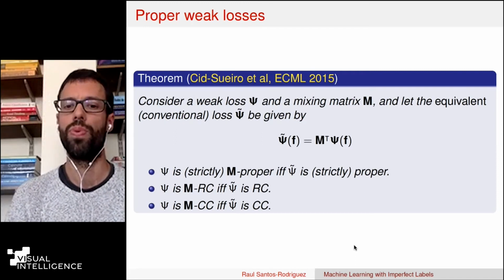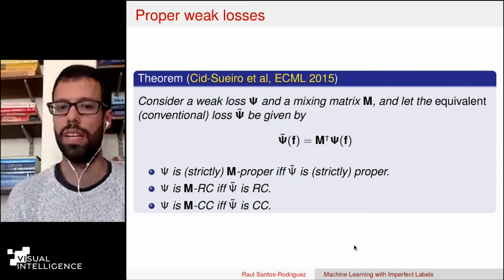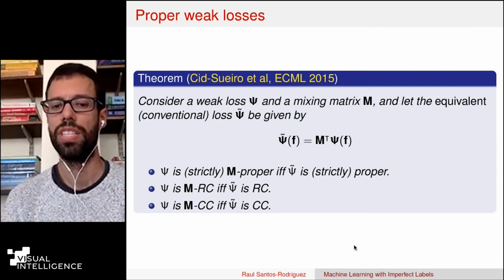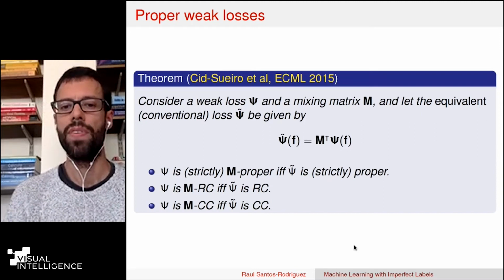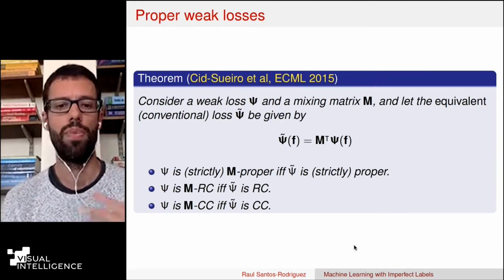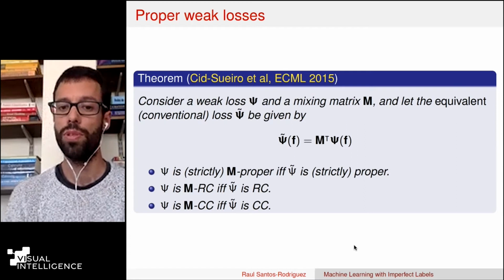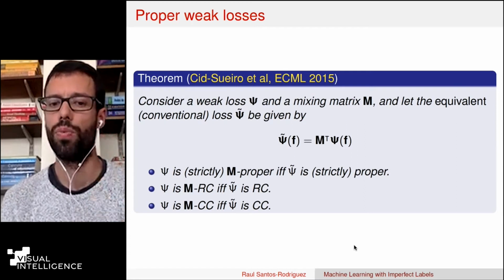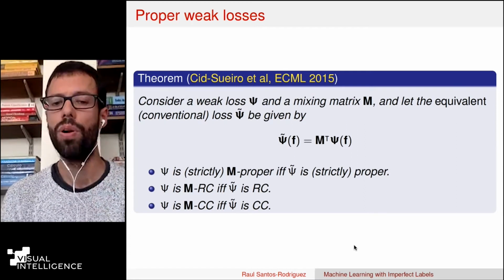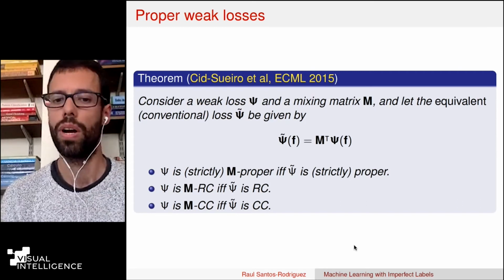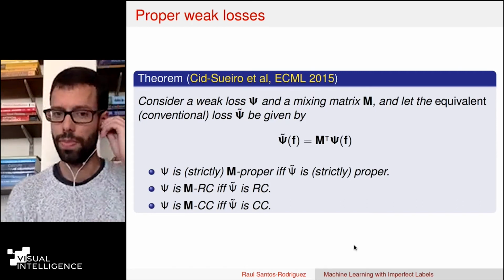And what we found in this slide was a result that says that even with weak and imperfect labels, if I'm using a weak loss with that property, I will be able to learn always, regardless of what the distortion is.